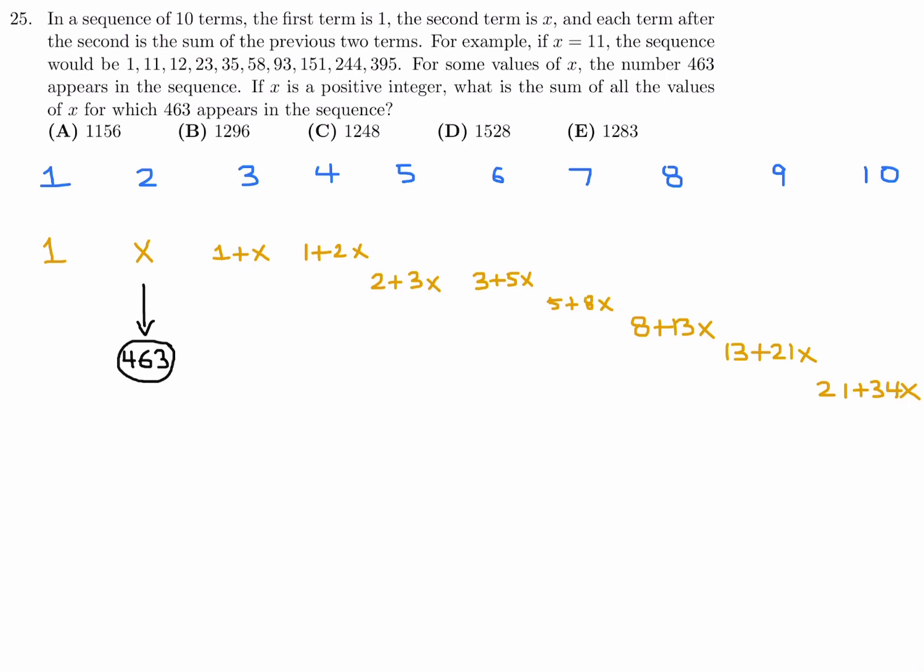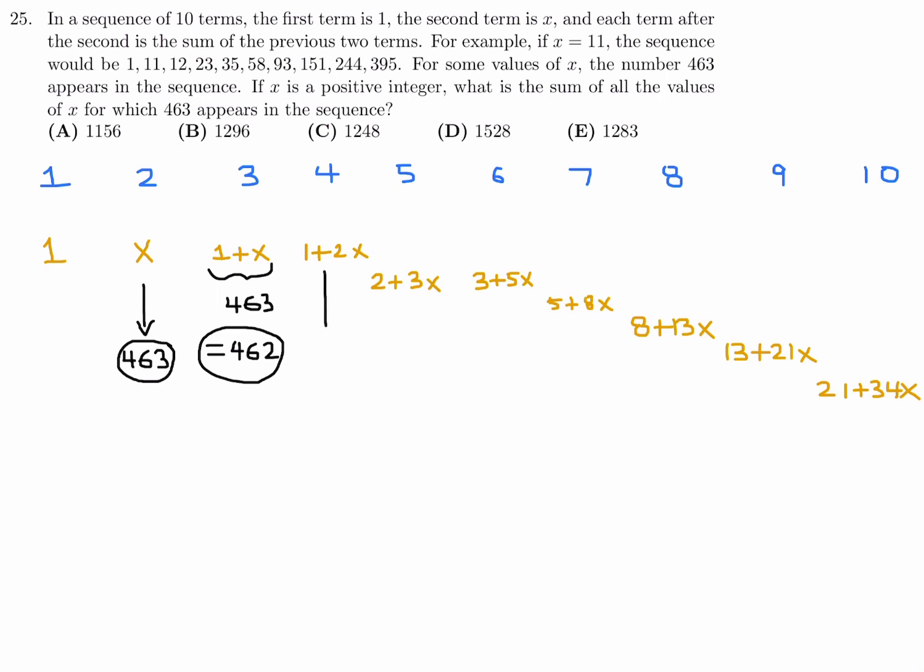We'll circle it and keep it. What about in some different sequence, if this value was 463? If that is the case, what is my x value going to be? Well, x would be 462. Okay, I'll keep that as a possible value of x.